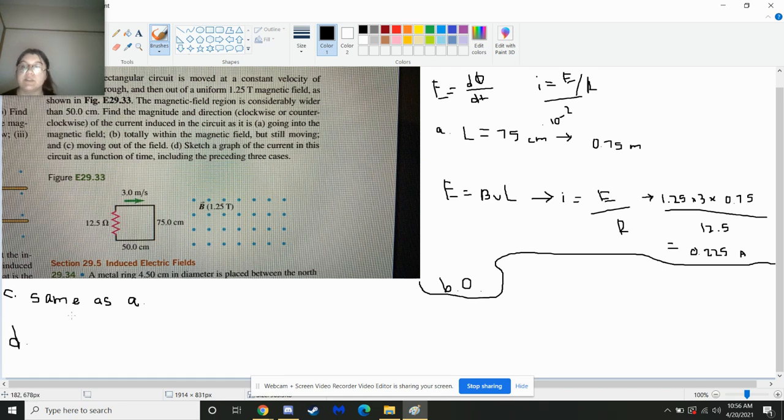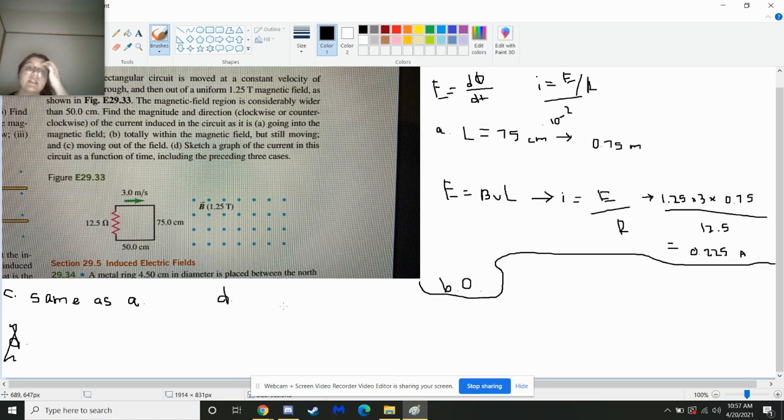So D is where the graph is. Actually, let me do D over here where I have more space. For D, we are going to make a graph of the current as a function of time, which also goes into the same three cases.